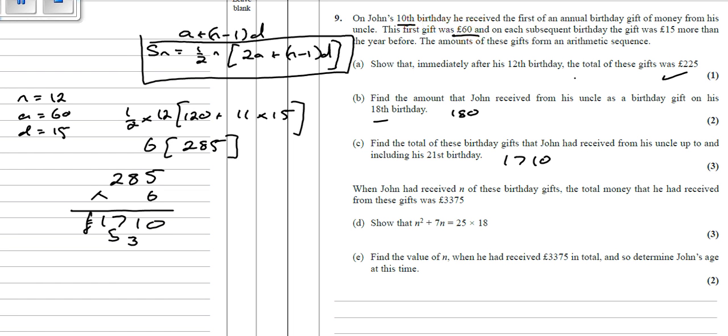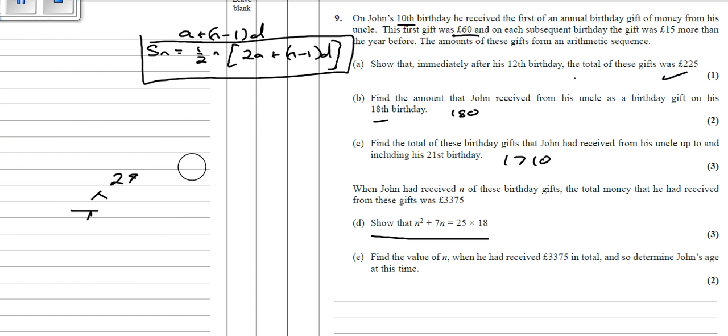When John received any of these birthday gifts, the total amount that he had received for these gifts was 3,375. So show that n squared plus 7n equals 25 times 18. Okay, the key word here is total, so let's work out the total.